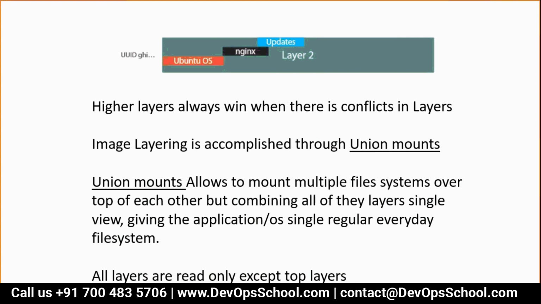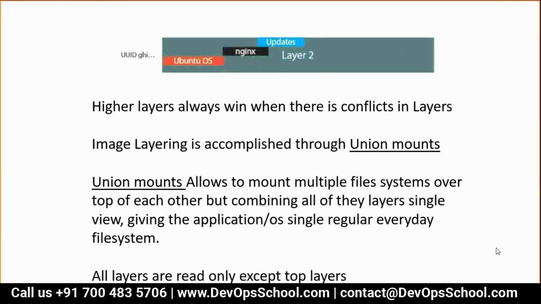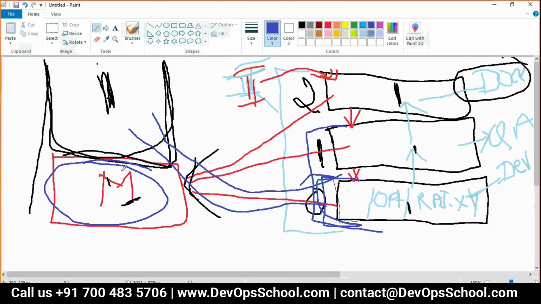So what exactly can union mounts do? Union mount is nothing but allowing multiple file systems over top of each other, combining all of their layers, giving a single view. Single view means, see here, this is a union mount of 3 layers. Now it's got a single view.